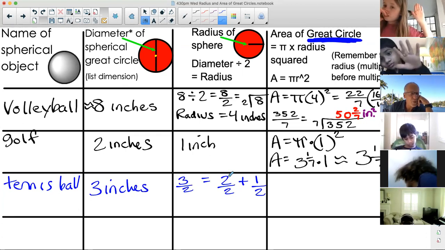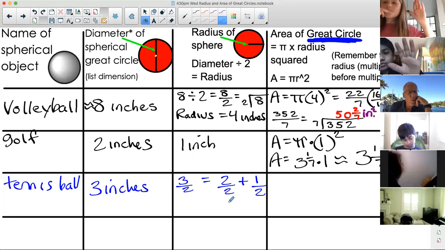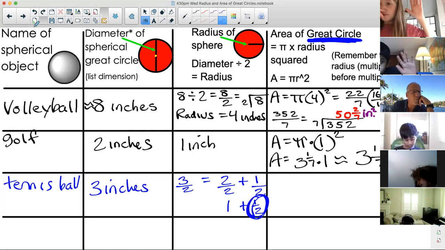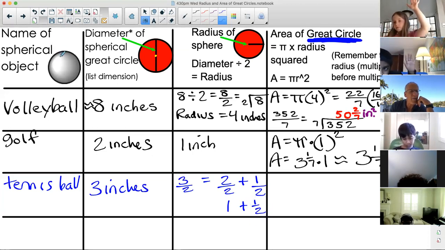So Isabella, what's half of 2? 1. And what's half of 1? Isabella, what's half of 1? Anybody want to help me? Go ahead, Raymond. Come on, help out.